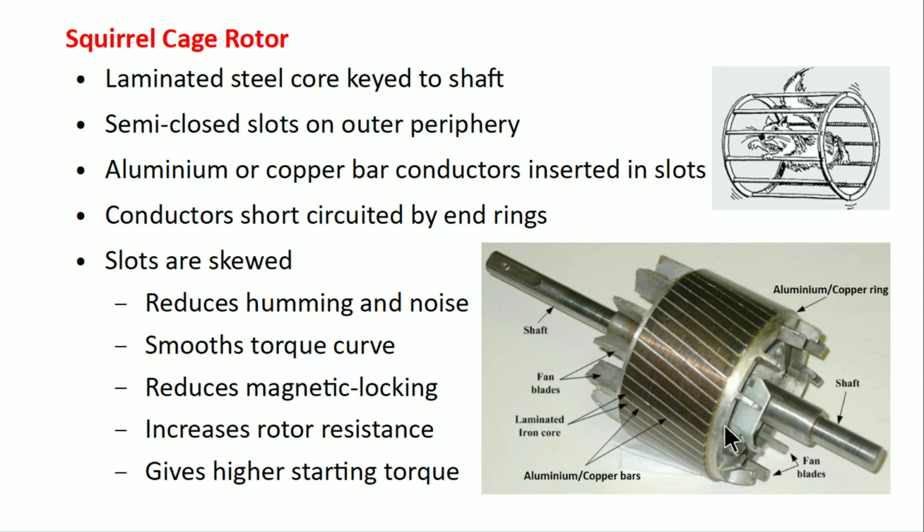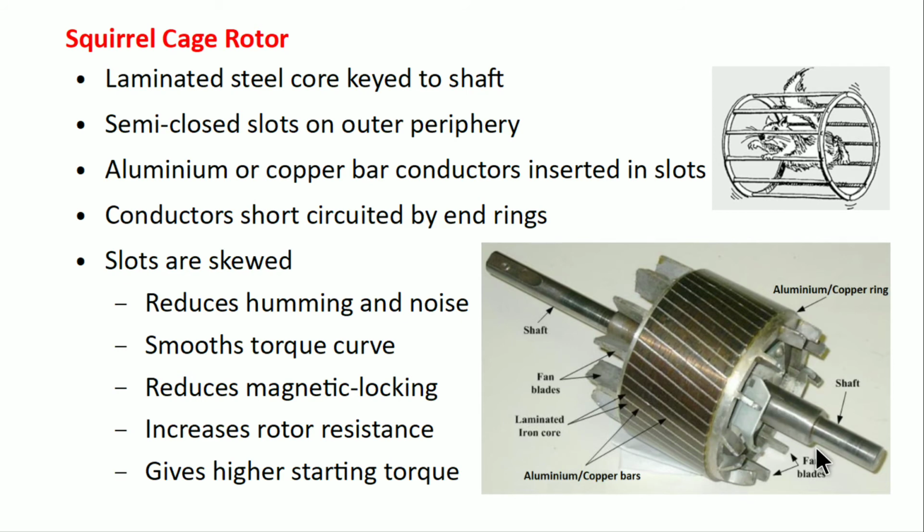These end rings short circuit all the rotor conductors at both ends. If the winding bars are of aluminium, then an aluminium end ring is used. If copper conductors are inserted, then a copper end ring is used to short circuit.